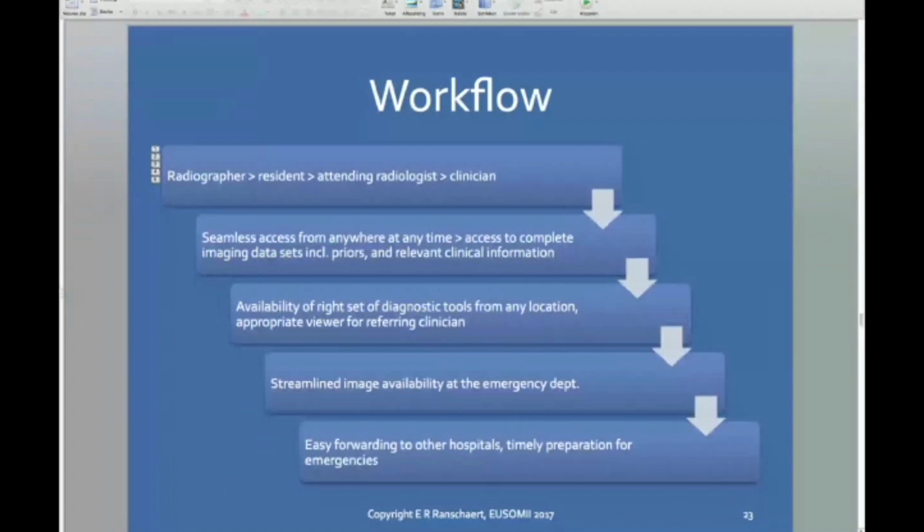There is also availability of the right set of diagnostic tools from any location. Appropriate viewers are available from any location, even for the referring clinician. It also means that there is streamlined image availability at the emergency department, and easy forwarding of images to other hospitals, which means that there will be timely preparation for emergencies.